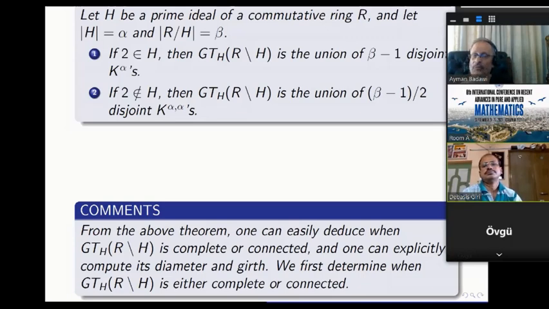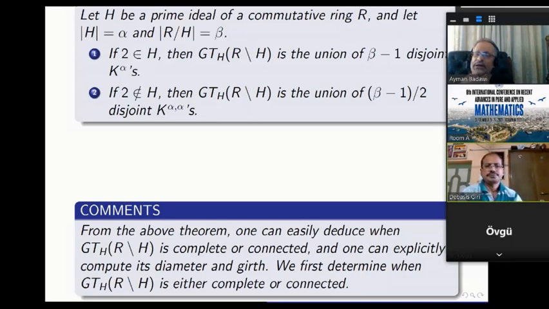Then I know the structure of the subgraph whose vertices are all elements of Z except the elements that live in 3Z.